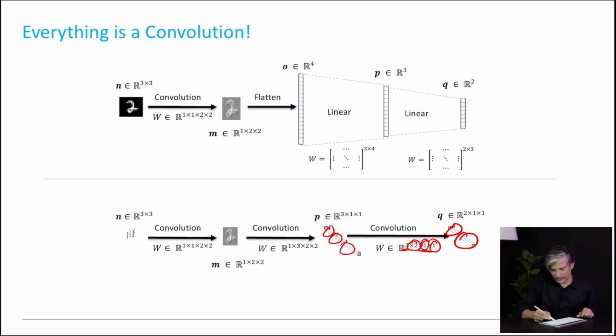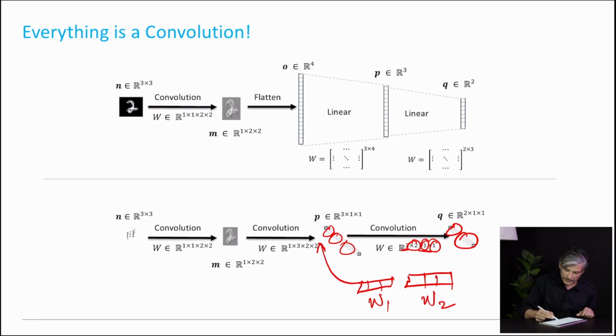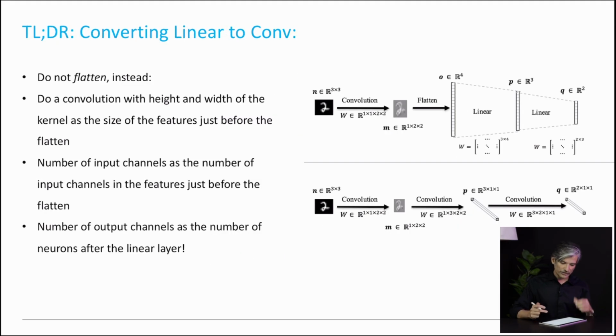So you have 2 times these vectors. Let's say this is your w1 and this is your w2, and you're doing a dot product with this and getting this, and then a dot product with this and getting this.